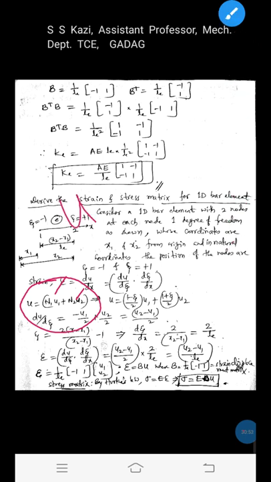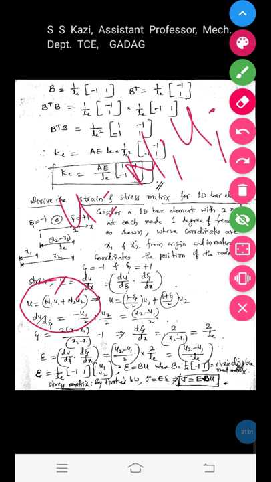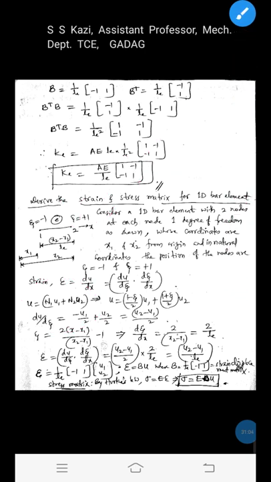That is, u is equal to the sum of ni ui. Depending on the number of nodes, the shape functions can be written. Since there are two nodes, I will write u is equal to n1 u1 plus n2 u2, where n1 and n2 are the shape functions at nodes 1 and 2.